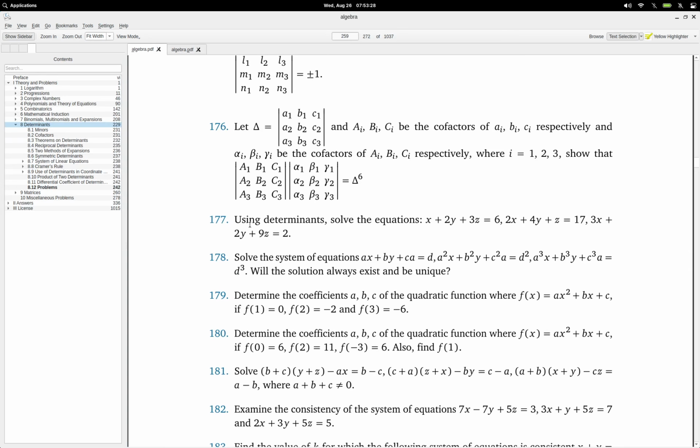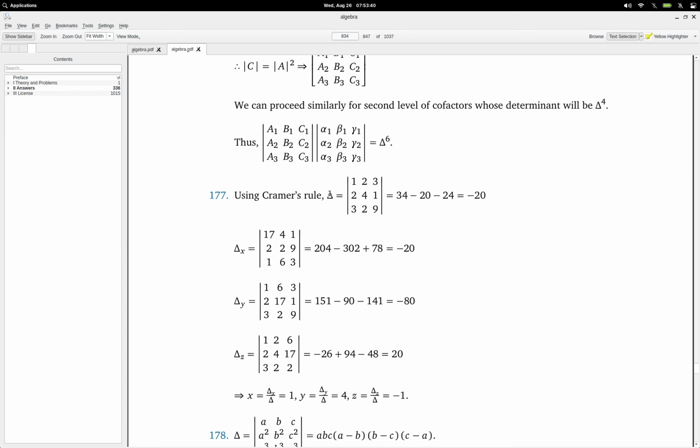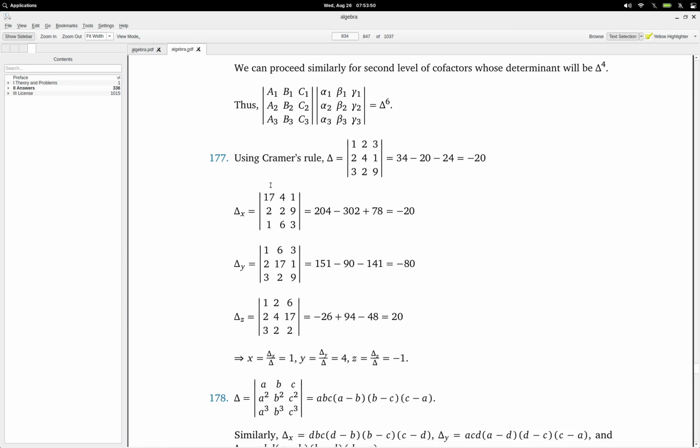Question 177 says that using determinants solve the equations x plus 2y plus 3z is equal to 6, 2x plus 4y plus z is equal to 17, 3x plus 2y plus 9z is equal to 2. So from Cramer's rule, we have the determinant 1, 2, 3, 2, 4, 1, 3, 2, 9, that is the coefficients of x, y, z, and we evaluate it to be minus 20.